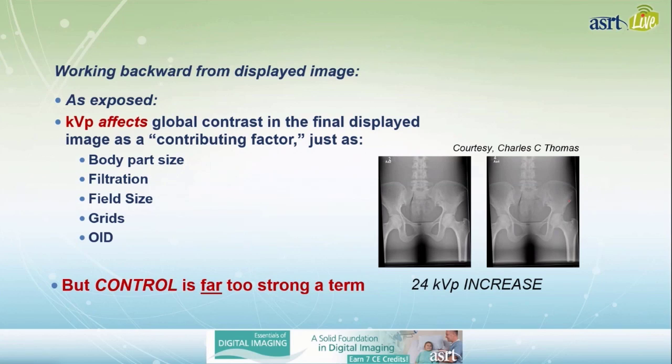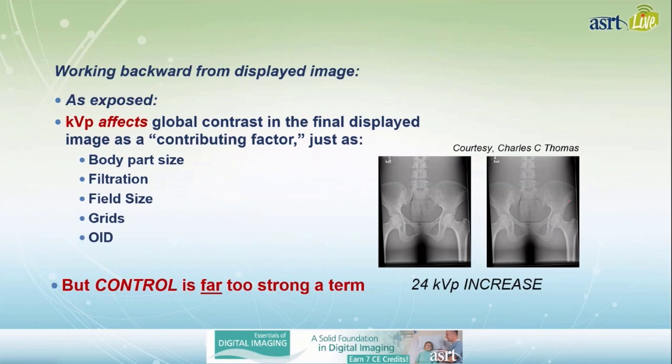The truth is that kVp with digital equipment in this digital age needs to be considered as a contributing factor to the final contrast, just as we consider the size of the body part, the filtration, the field size, the grids, and the OID as contributing factors. What we need to do to be up to speed is to list kVp with these other factors.